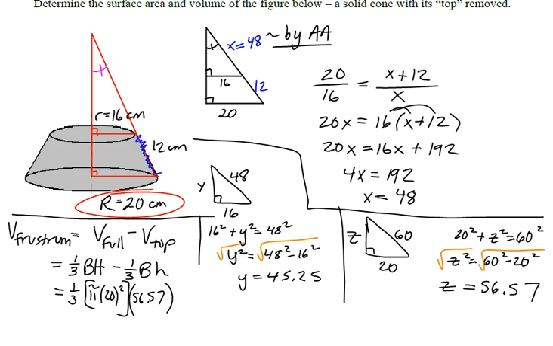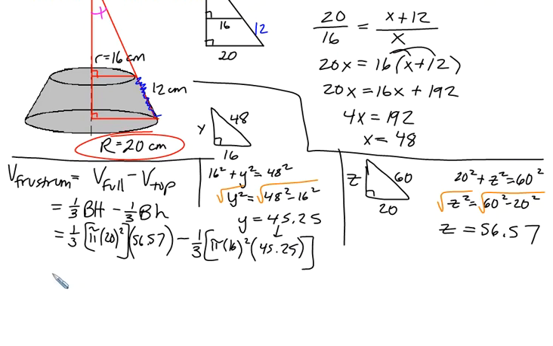Then we have to subtract away 1/3 the area of the smaller base, which would be pi times 16 squared, times that height, which was 45.25. And we can just go ahead and type this all in at once to find the volume of the frustum, which is coming out to be 11,563.34 cubic centimeters.